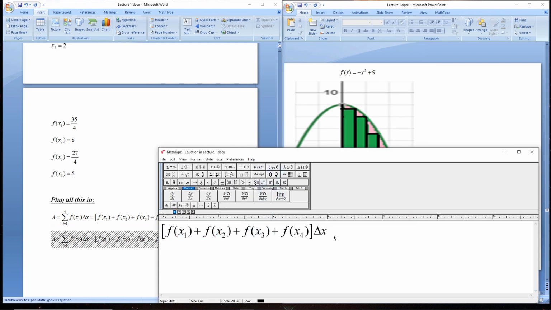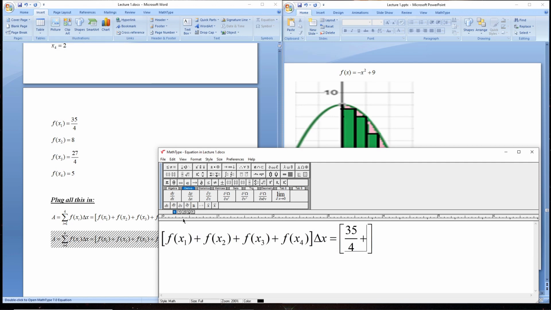We're going to add all of these together. So for x sub 1, we got 35 fourths. And then for x sub 2, we got 8. And then for x sub 3, we got 27 fourths.